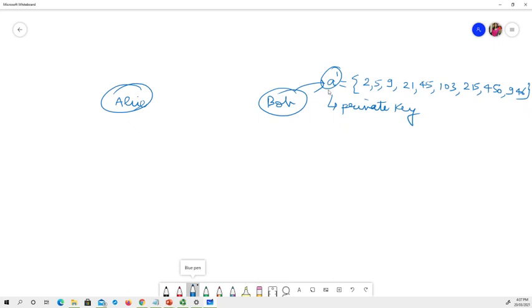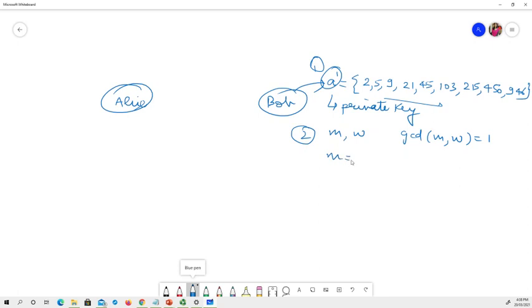That's the reason we have to create a sequence that is not super increasing in nature. In the second step, Bob has to have two numbers, m and w, such that GCD of m comma w is equal to 1.